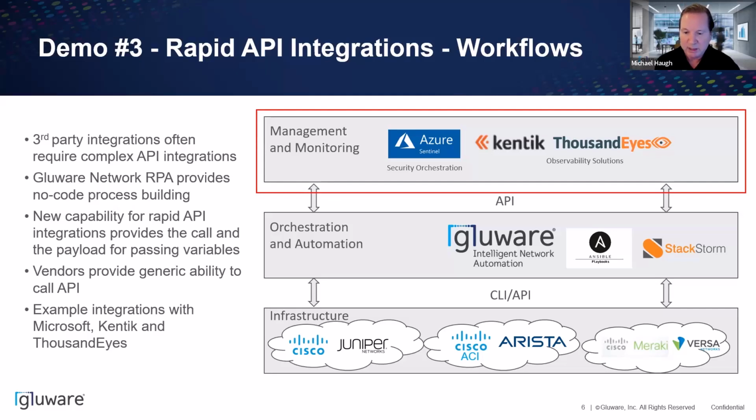Then you can very elegantly integrate variables that are auto-built into an API call, so you can pass in variables from these external systems, and you can literally copy and paste the API call and the payload, which would include how to pass the variables right into those systems. So I would say even network operations folks with no programming skill sets, once shown this and within a short training session, would be able to start leveraging this technology, integrating third-party systems with Gluware, and providing event-driven automation for many use cases. So let's take a look in the user interface.